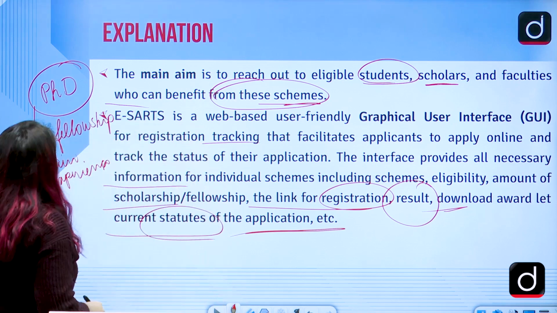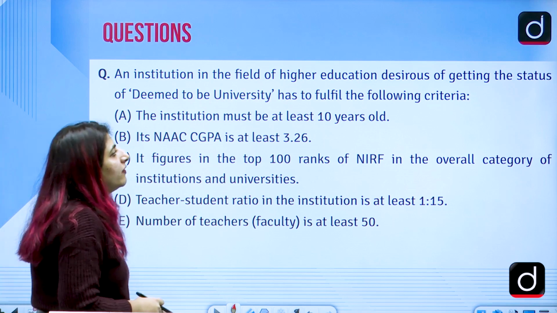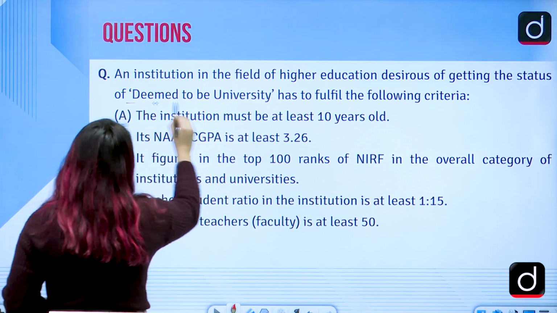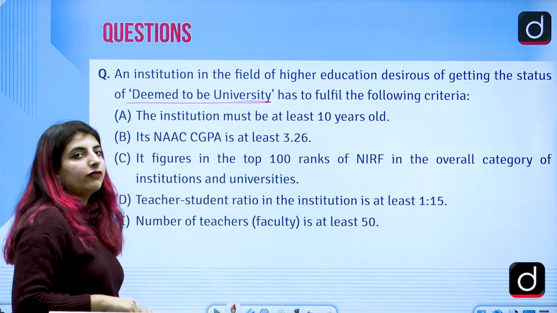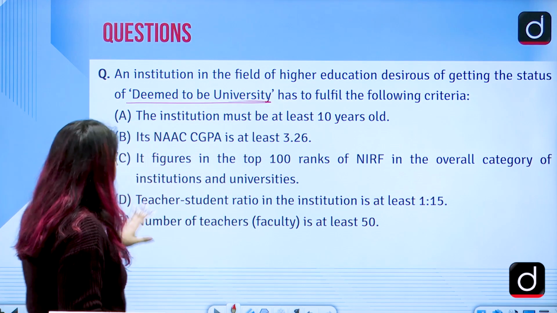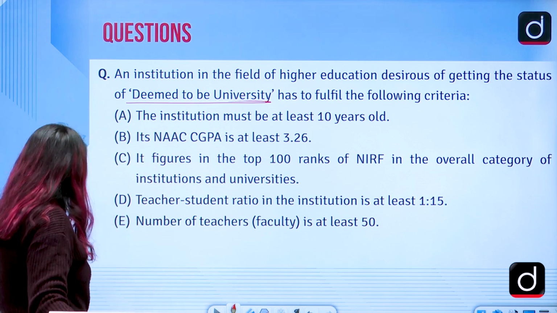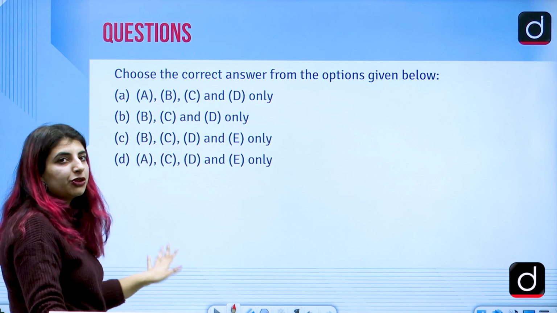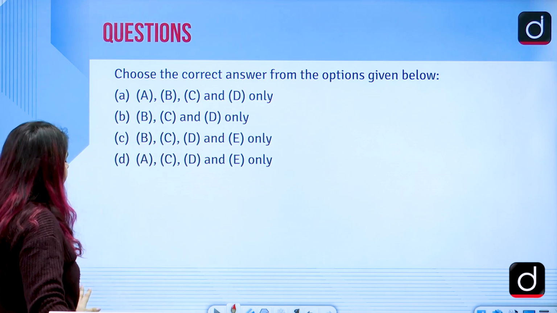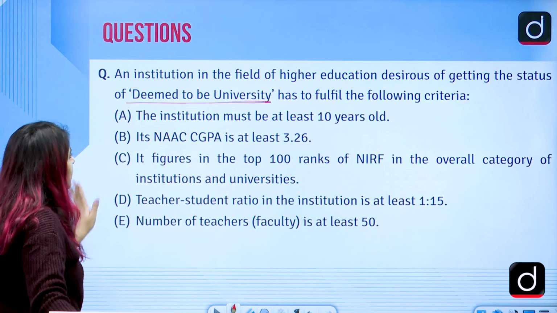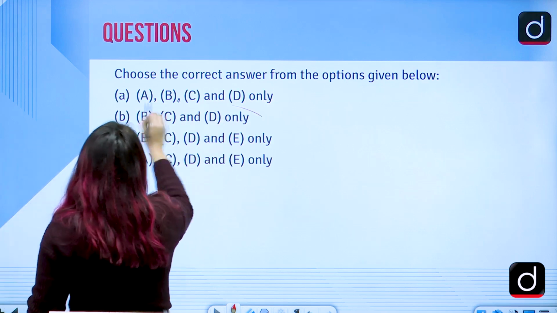Correct? Then we have: an institution in the field of higher education desirous of getting the status of deemed to be university has to fulfill the following criteria. First of all, pause your screens and read this, and then move on to the options which we have here. So all in all, the answer to this question is option B, which says B, C and D only.